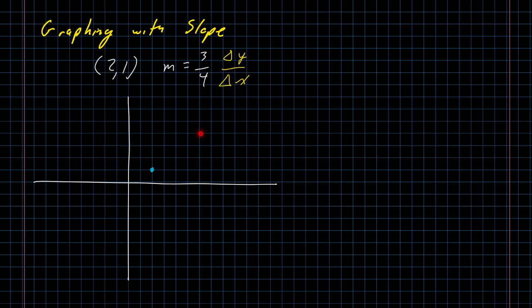And I know that this is going to be a point on the graph. And I can do it again. From here, change y by 3, change x by 4, and get another point on my line.